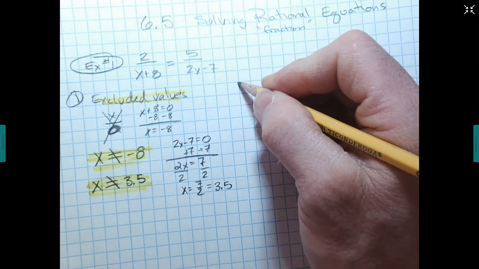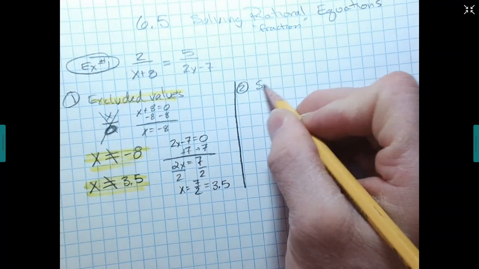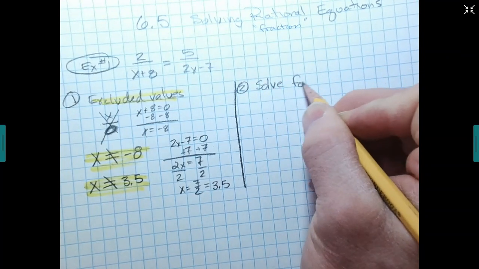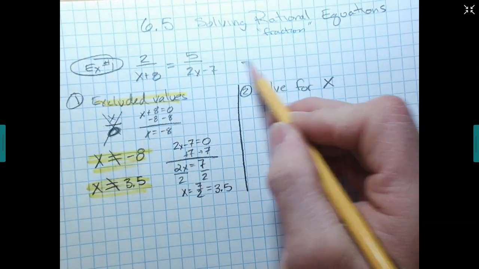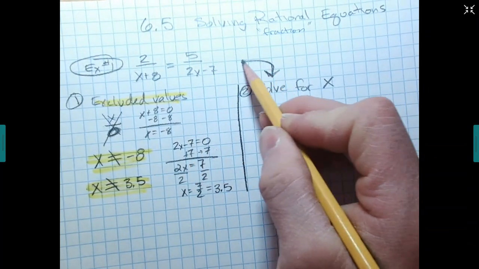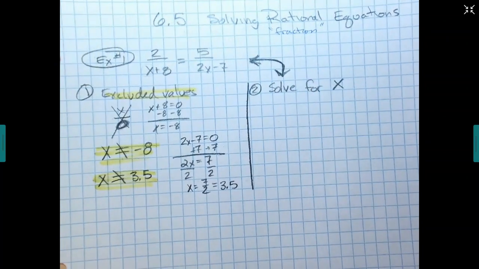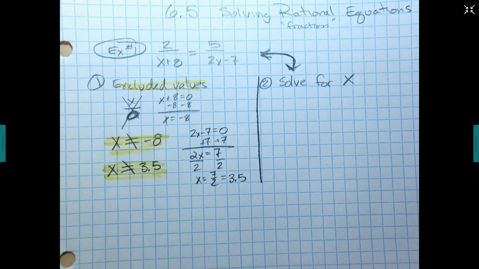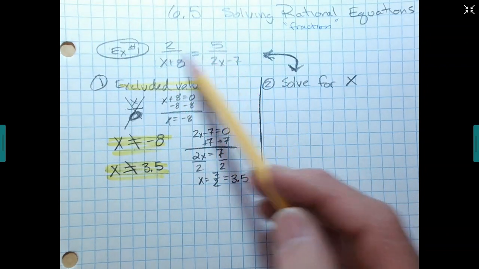Now the second piece of what we're going to do today is we are going to solve for x with the same equation. We talked about it yesterday, or maybe we did, maybe we didn't. How do you solve these fractions?